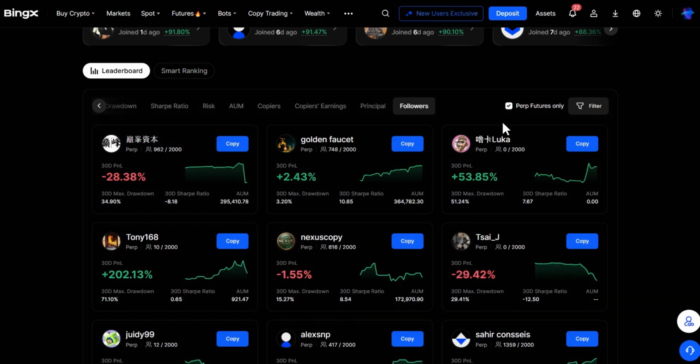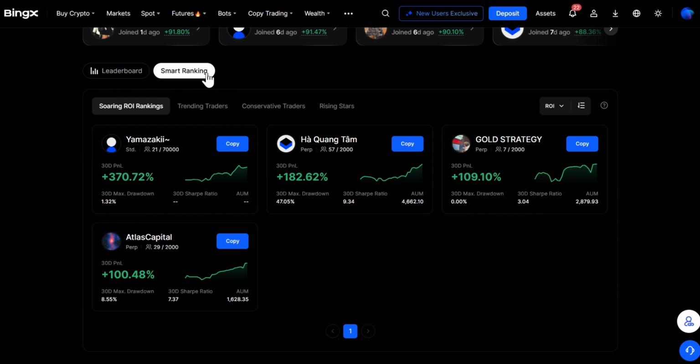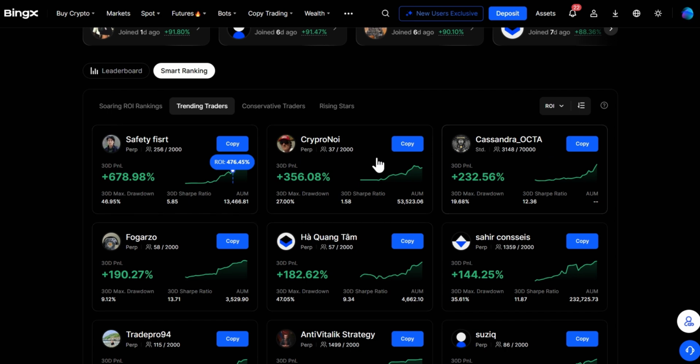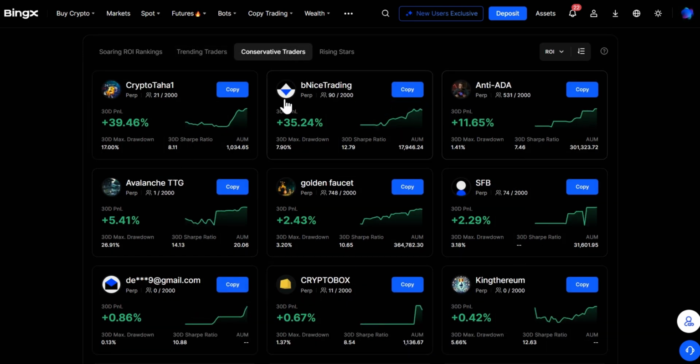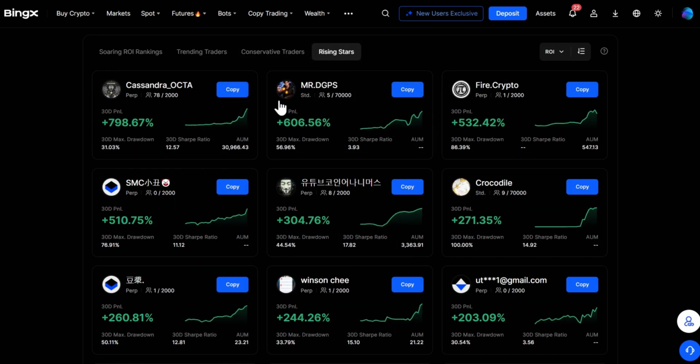Now, BingX has a really useful feature called Smart Ranking that categorizes traders into 4 groups. Soaring ROI, which shows traders with rapidly increasing returns. Trending traders who are gaining popularity fast. Conservative traders who focus on steady, low-risk gains. And rising stars who are newer but showing strong potential.